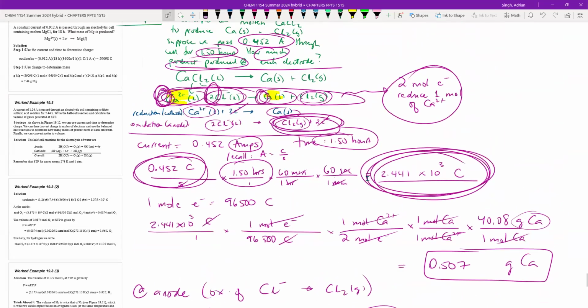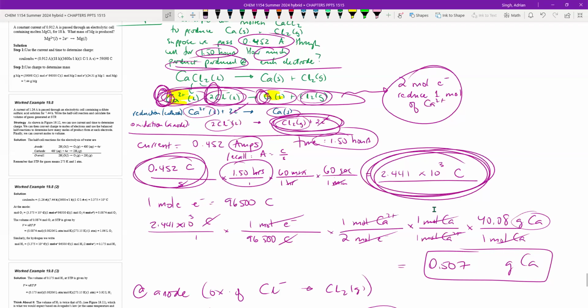We're using stoichiometry from the equation. We're also using the current in amps along with the time that current is applied for to determine the charge. And then using our relationships, we're able to convert that charge to moles of electrons. Using the stoichiometry, moles of electrons to moles of the product, and then moles to grams using the molar mass.